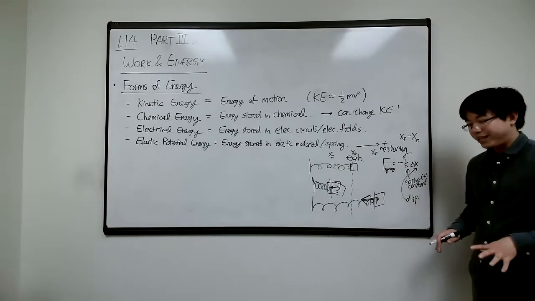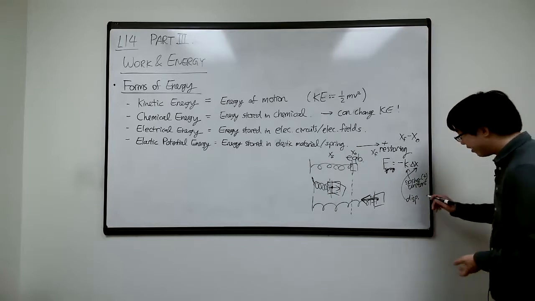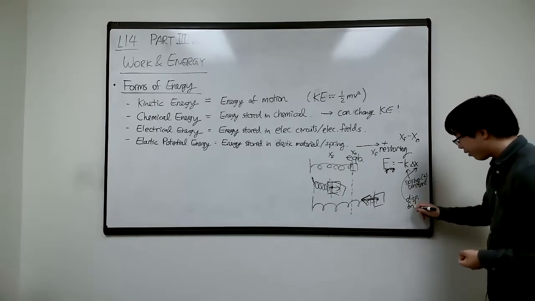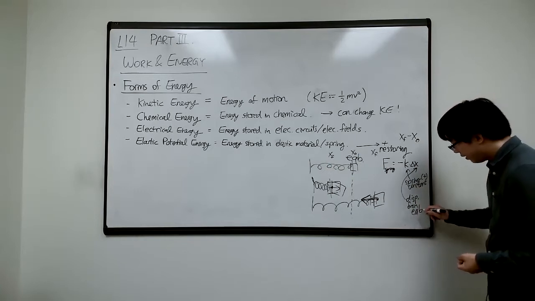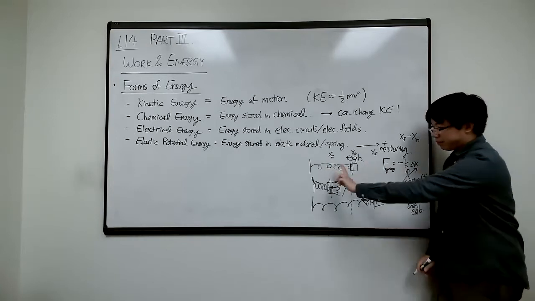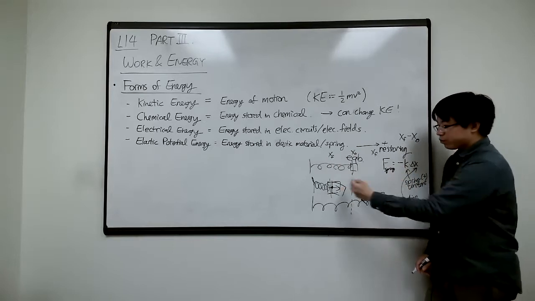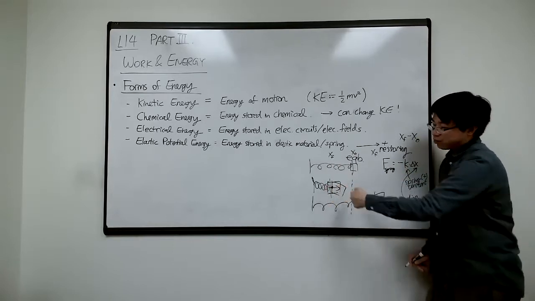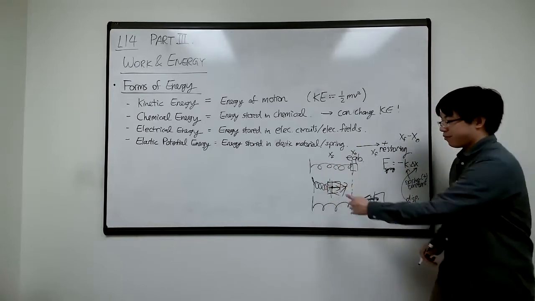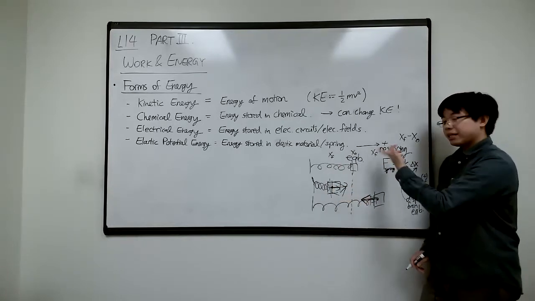I know this is part of 3C, but just to make your life in 3C easier, might as well. If the displacement from equilibrium is negative, the force will be positive. That's why the free body diagram will have a force pushing it this way, and that's why we call it a restoring force.